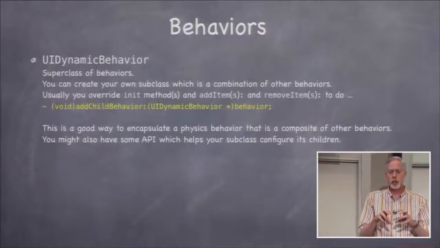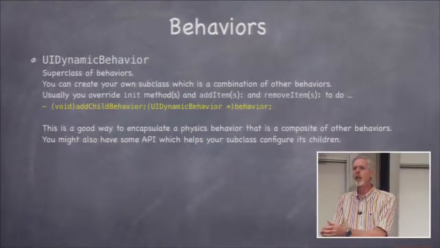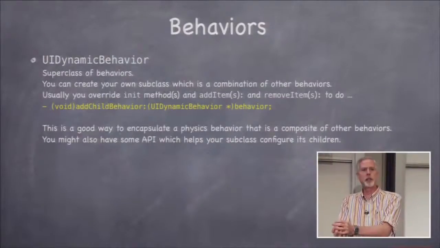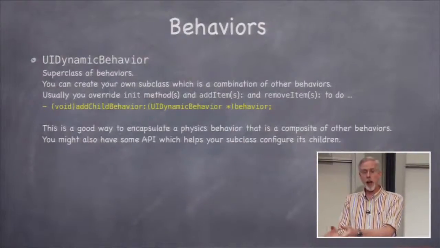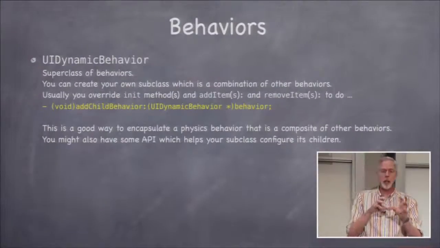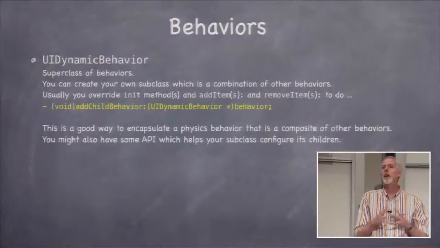This is very common to do just to clean up your API, to group behaviors that go together into their own UIDynamicBehavior subclass. All that thing usually has is child behaviors and then maybe a little bit of API to add the items in a certain way or have them interrelate in some other way.